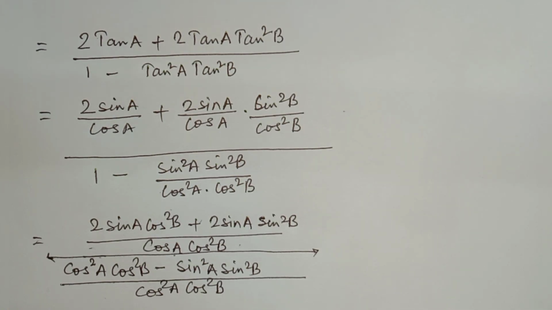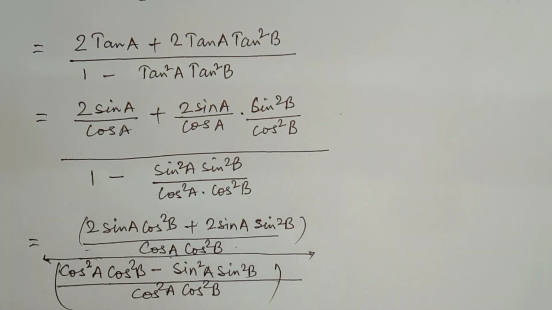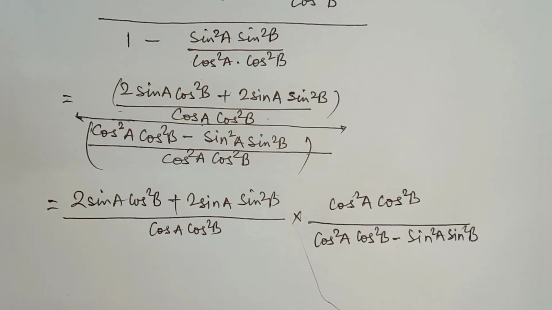Now let's simplify this again. Let's change this division into multiplication. After changing this division in terms of multiplication, we get this term.